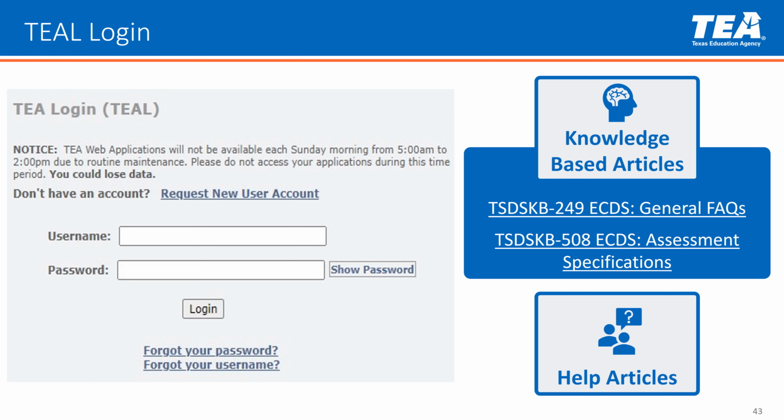Remember, in TEAL, the functionality is based on your user role. If you have difficulty, please use one of the supports included in this presentation. Your ESCs are always going to be your first line of defense. The ECDS Data Champion has been specifically trained to assist in supporting the LEAs in their data submission process.